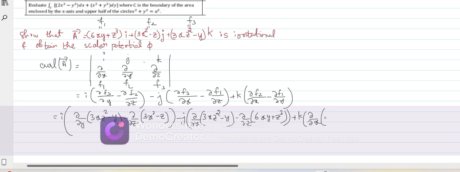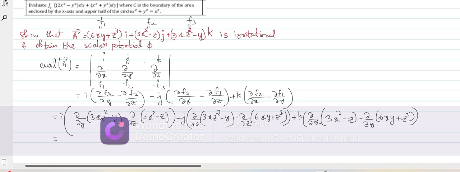So f2 is 3x square minus z, minus the partial differentiation of f1, which is 6xy plus z cube. Right? Fine.